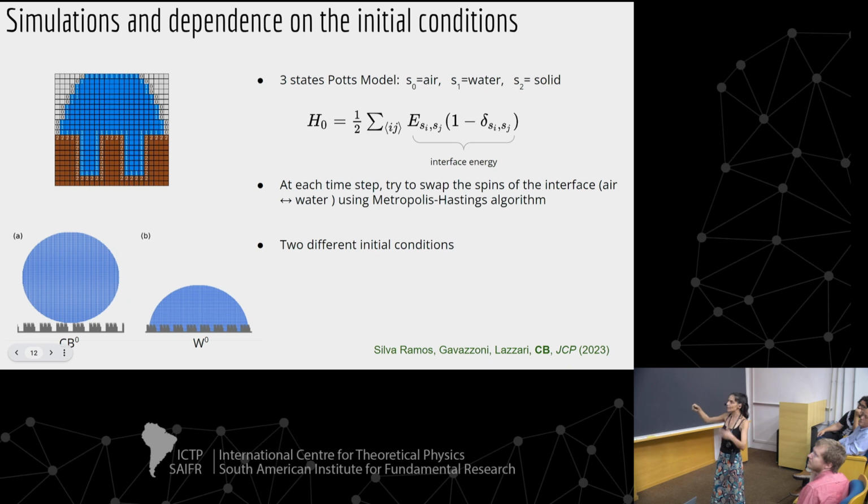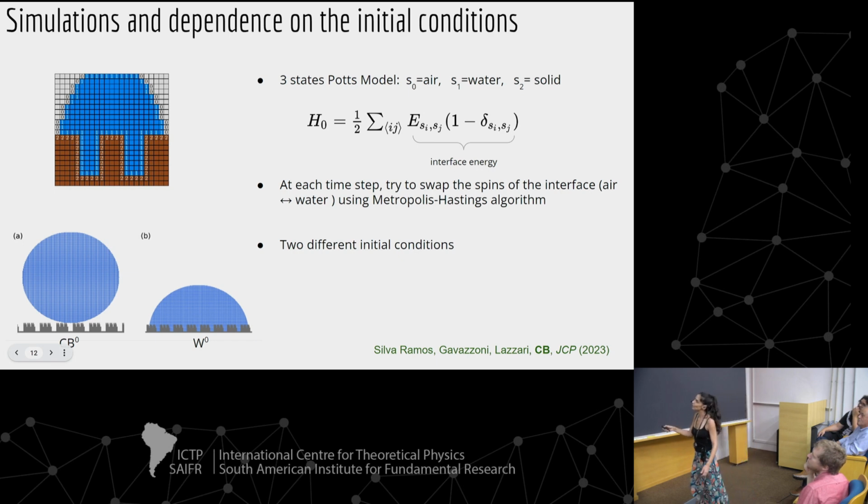Then we would add some energy. But if you consider two neighboring sites with the same type of spin, this would not cost any energy. So this Hamiltonian is just counting the energy of creating the interface. And then we apply the Metropolis-Hastings algorithm by swapping two sites of the interface.